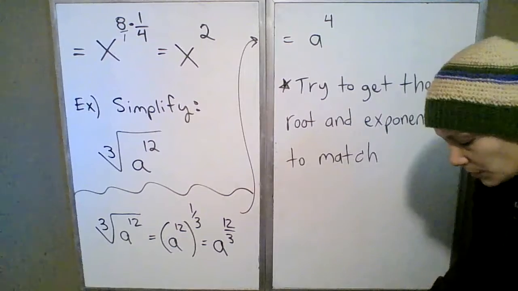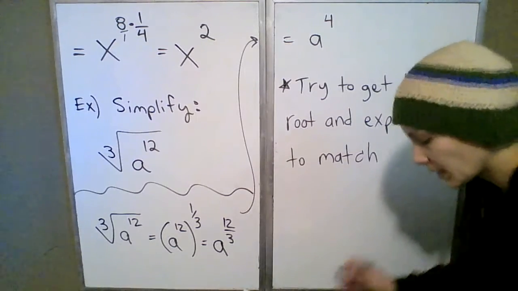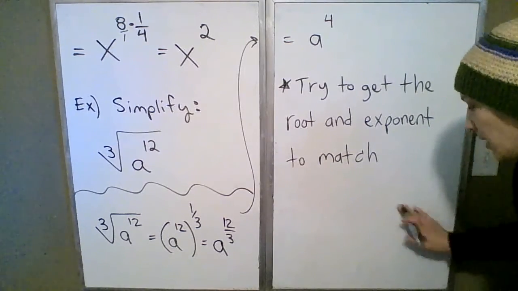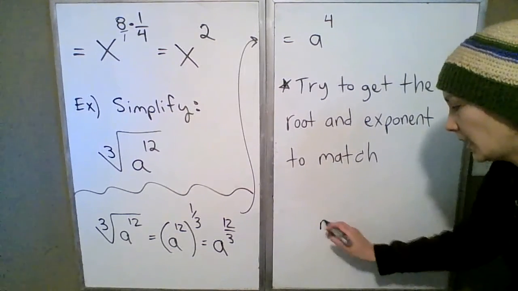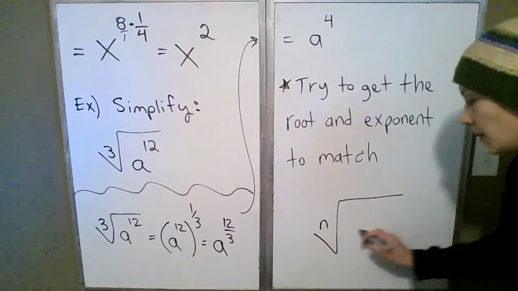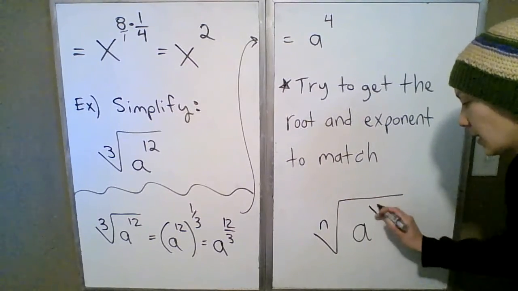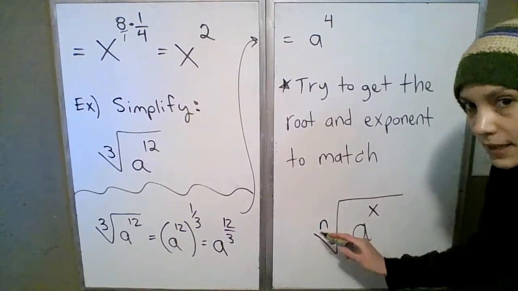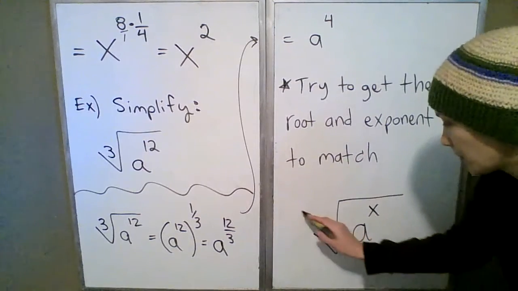Now I'm thinking we should put up the labels for everything. So if you have an nth root of a to the x, n is called the root.